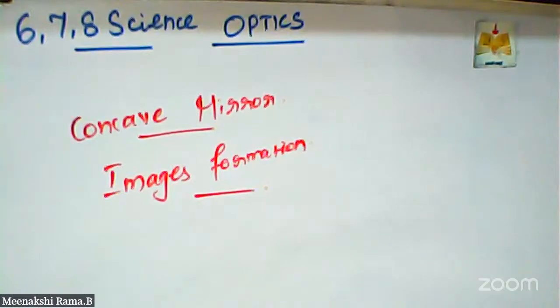What are the different positions? The object is kept at infinity, and then there are two or three more positions we are going to learn.